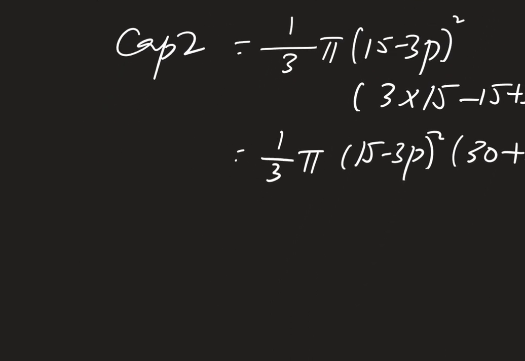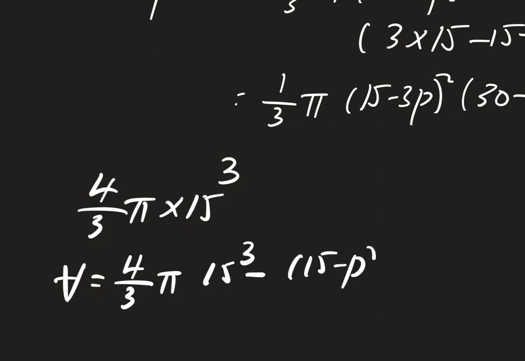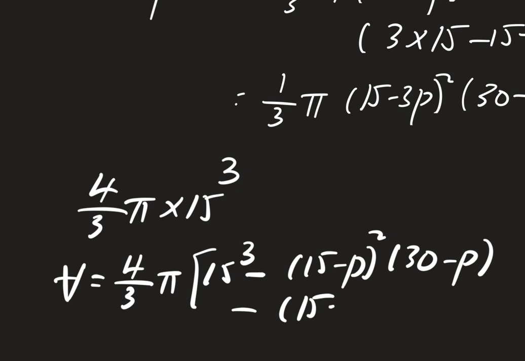So the total volume is 4 over 3 pi times 15 cubed, the radius cubed. Which means that the shaded volume is equal to 4 over 3 pi times 15 cubed, minus (15 minus P) squared times (30 plus P), minus (15 minus 3P) squared times (30 plus 3P).